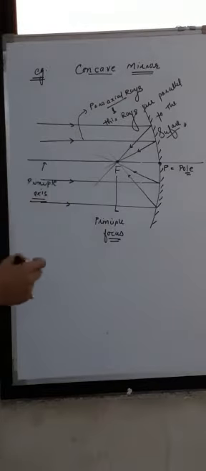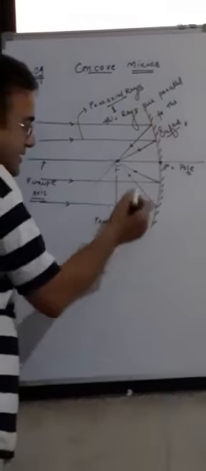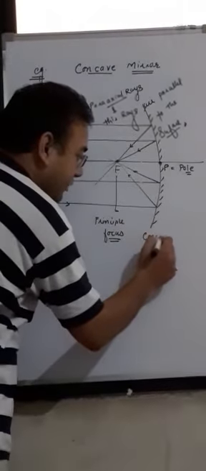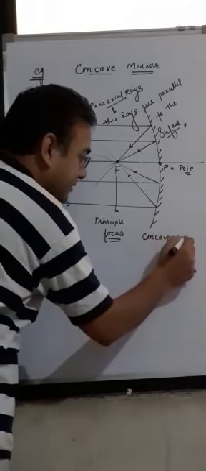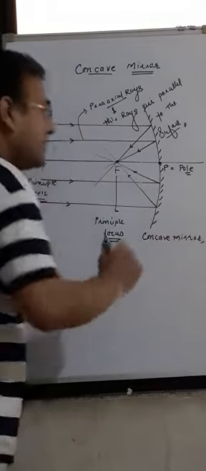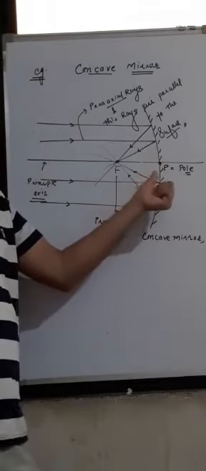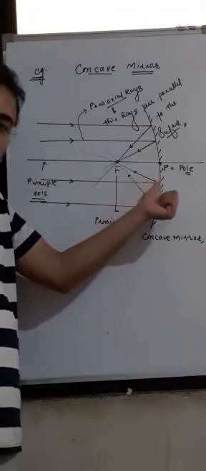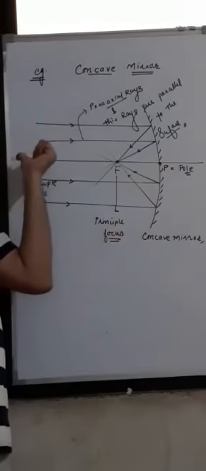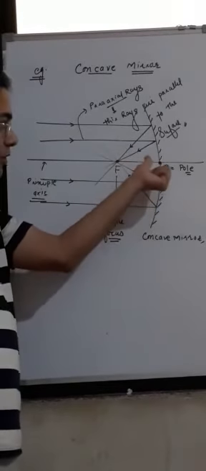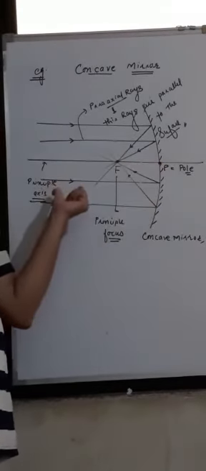So again, repeat. First of all, this is a concave mirror. The midpoint of the concave mirror is called the pole. The line passing through the pole is called the principal axis. The rays which are parallel to the principal axis are called para-axial rays.